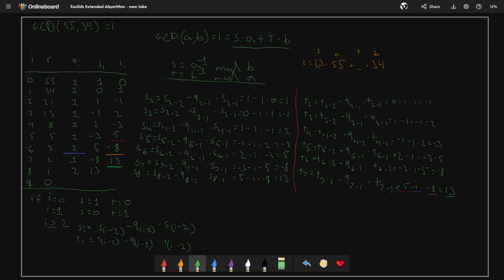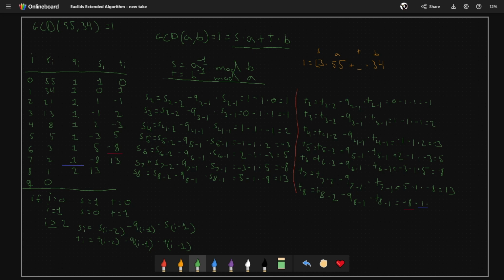And now we have the final step, t8. t8 minus 2 minus q8 minus 1 multiplied by t8 minus 1. t8 minus 2 is t6. t6 is -8. Minus q8 minus 1 is q7. q7 is equal to 1.